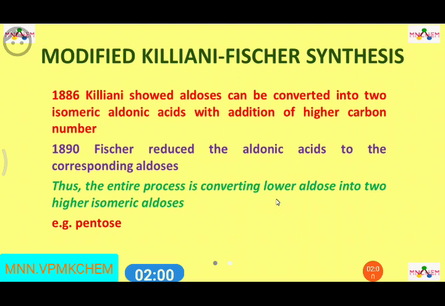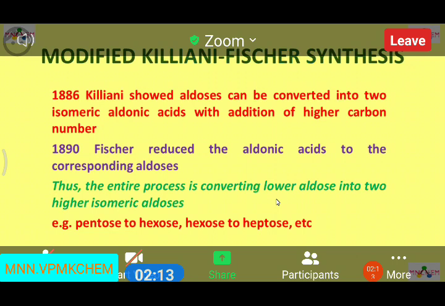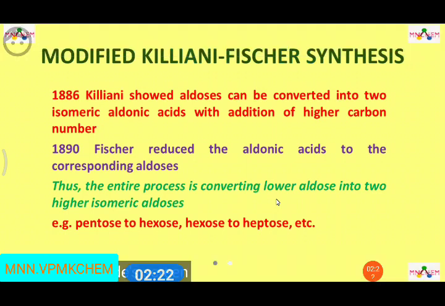The examples for these chain lengthening reactions are pentose to hexose. A 5 carbon aldehyde sugar is converted to a 6 carbon aldehyde sugar, or a 6 carbon aldehyde sugar like hexose is converted into heptose.